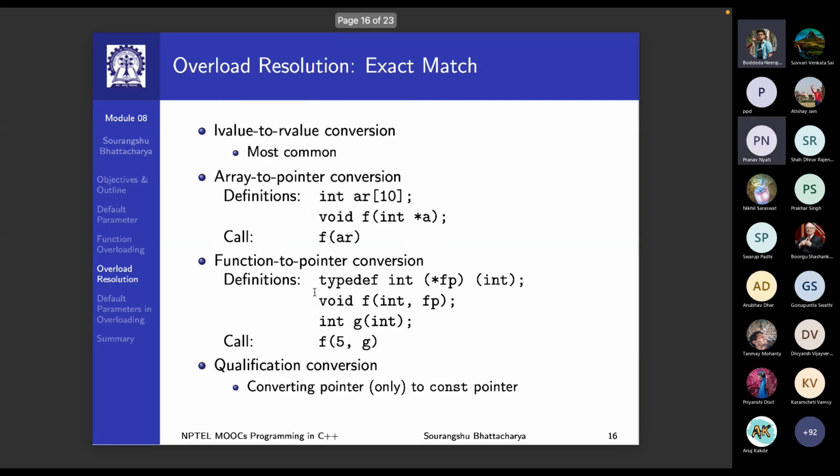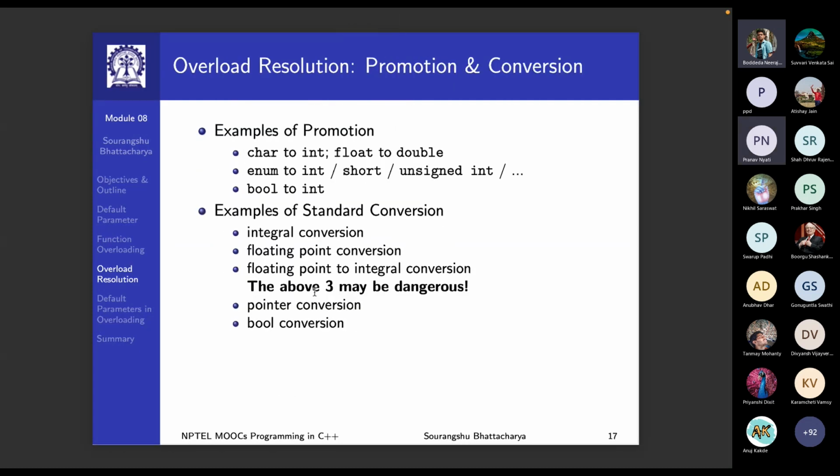What is pointer conversion and bool conversion? Could you explain, please? Pointer conversion is conversion from, let's say, a pointer of type int star to a pointer of type, let's say, float star or void star, something like this. Okay, sir.